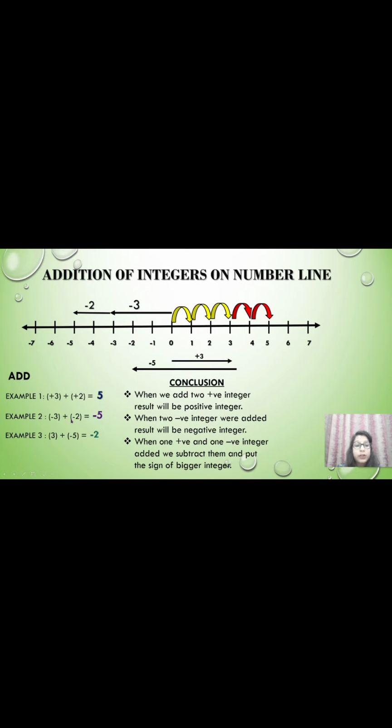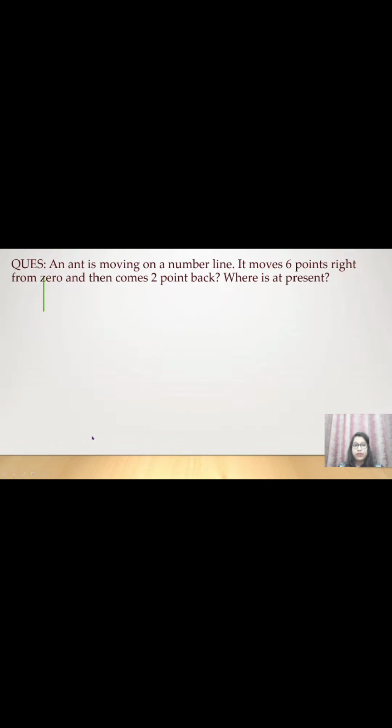And when we add two negative integers, that is minus minus plus, माइनस के दोनों इंटीजर्स थे, उनका सम तो प्लस करके 5 आया, बट साइन जो आएगा उनके आगे वो हमेशा माइनस का आएगा. And in the third case where one integer is a positive integer and one integer is a negative integer, we subtract them, that is 5 - 3 is 2, और जो साइन होगा वो बड़े वाले इंटीजर का आएगा. That is 5 के आगे माइनस का साइन था and 5 is the biggest integer, so 2 will also have a minus sign.